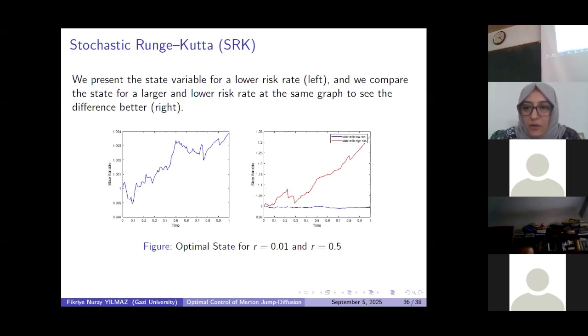Again, we present some state variable solutions for different risk values.